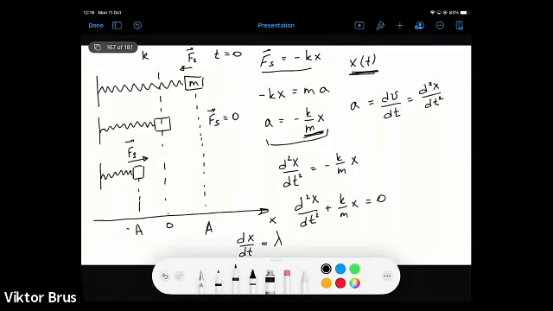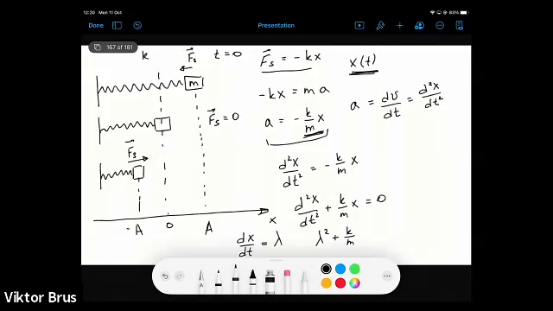So in this case, the characteristic equation will be lambda squared, because we have the second derivative of position over time, plus k over m, which is the coefficient next to x.